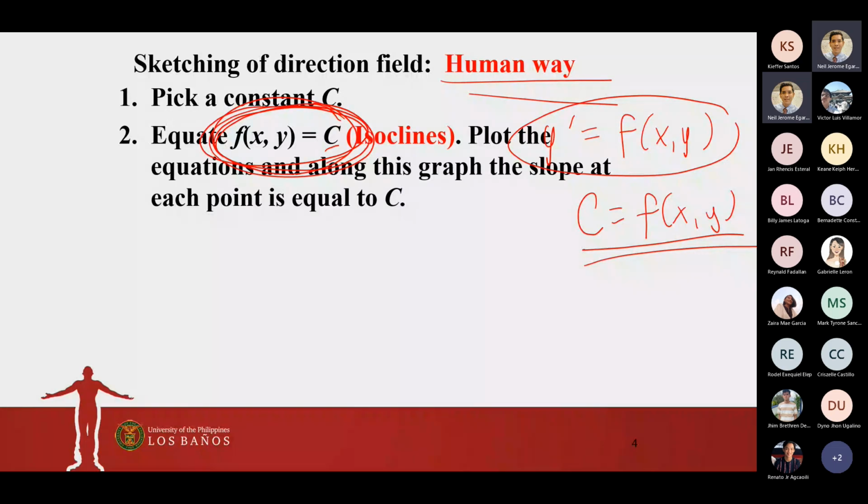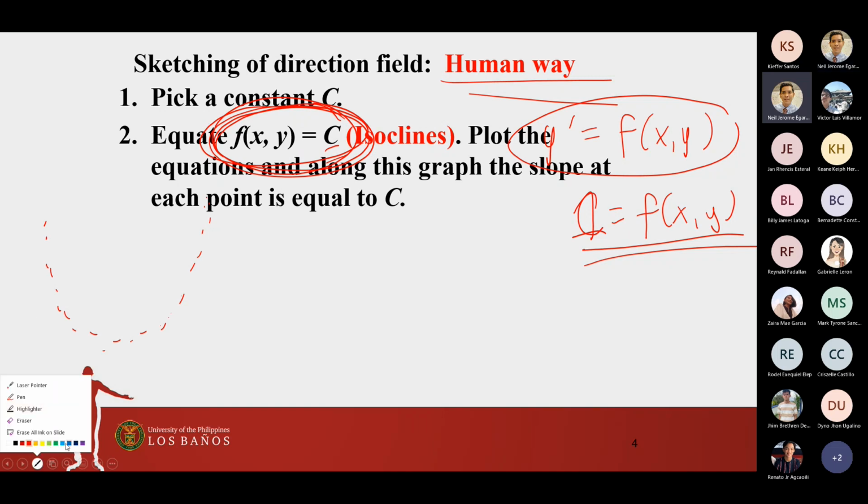Halimbawa, ginawa mong c equals 1. So ipa-plot mo ngayon ano yung itsura ng graph ng f of xy equals 1. So meron ka ng graph, halimbawa ito yung graph ng f of xy equals 1. Tapos along that graph, magdodrawing ka ng mga line segments. Probably I should use a different color. Magdodrawing ka ng maliliit na line segments.